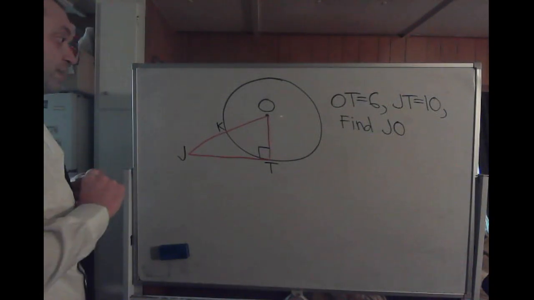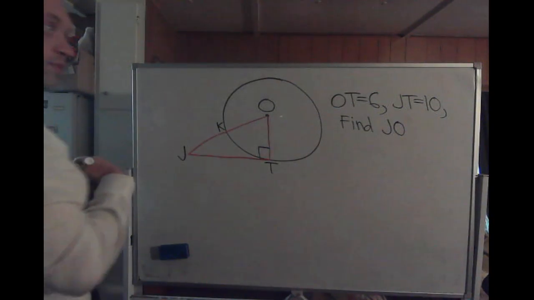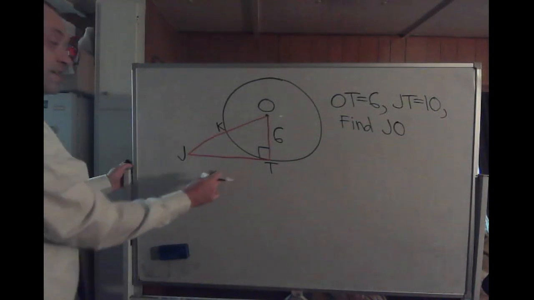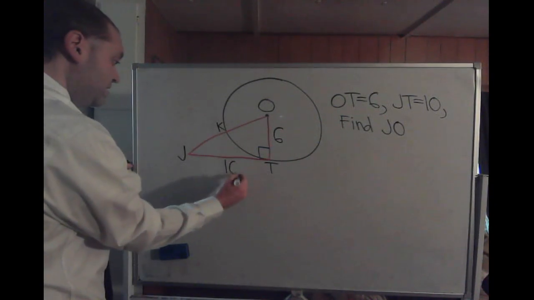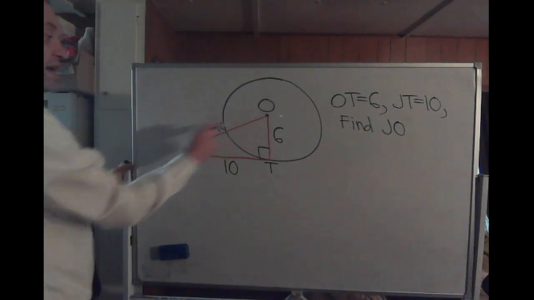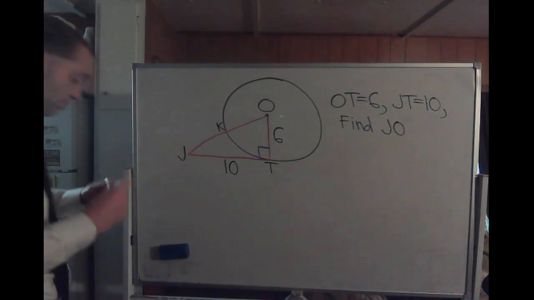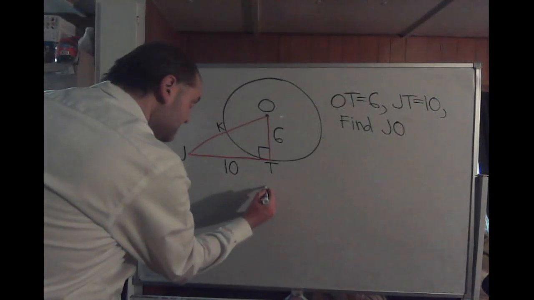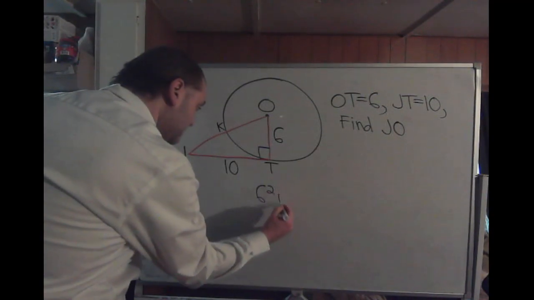This time here we have the length of OT, which is the radius, has a length of 6. The length of the tangent line, JT, has a length of 10. We need to find the length of the hypotenuse, JO. So once again, set up your Pythagorean theorem. You'll take that 6 squared plus the 10 squared.